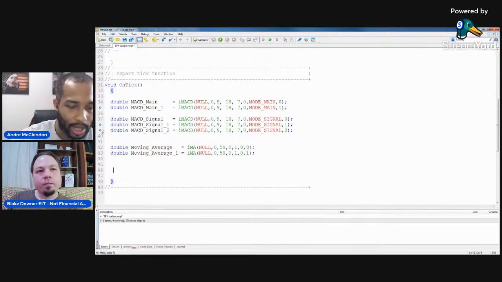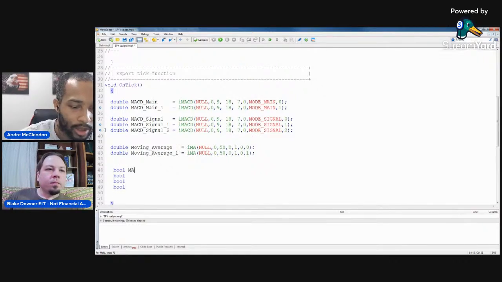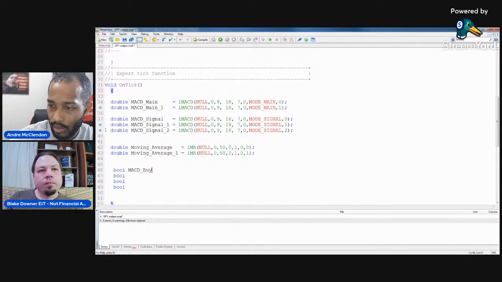And here we go. We're at those rule statements. Rule 1, rule 2, rule 3, rule 4. Got the 4 bull statements. MACD, buy. MACD, buy.